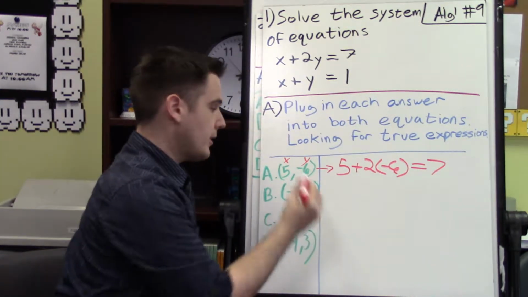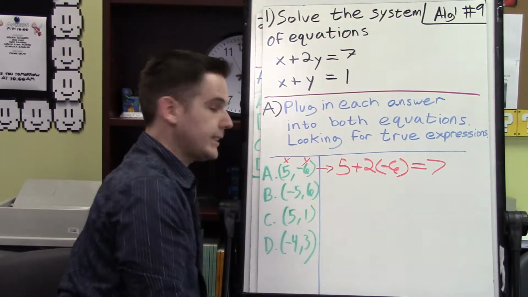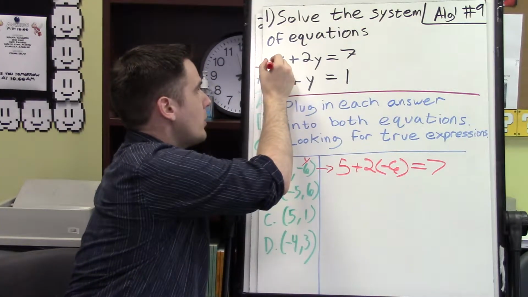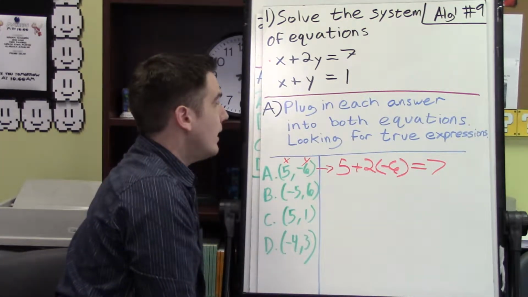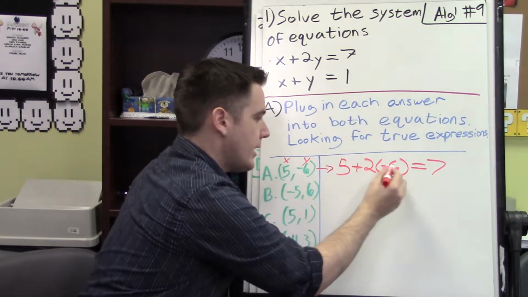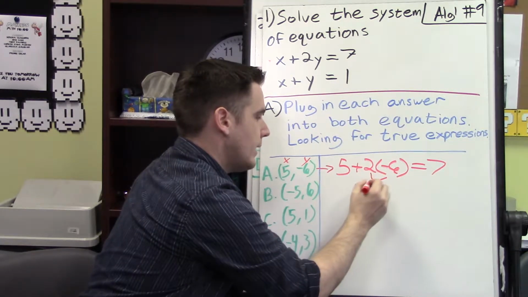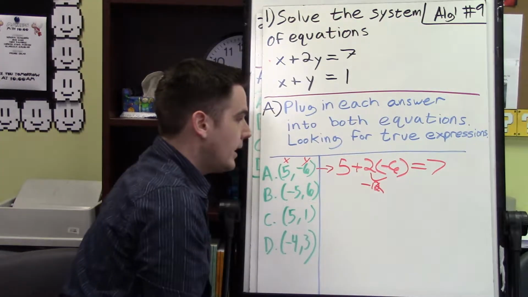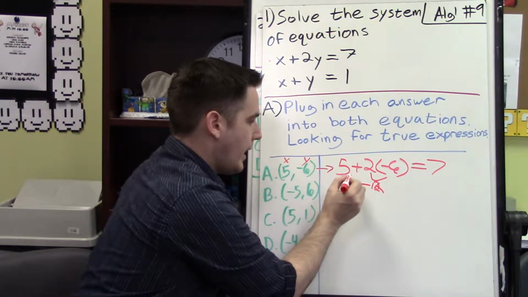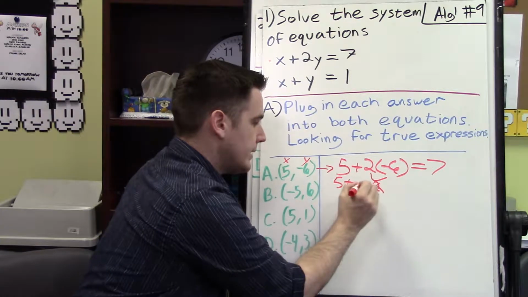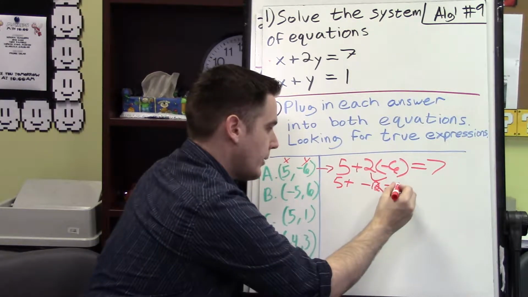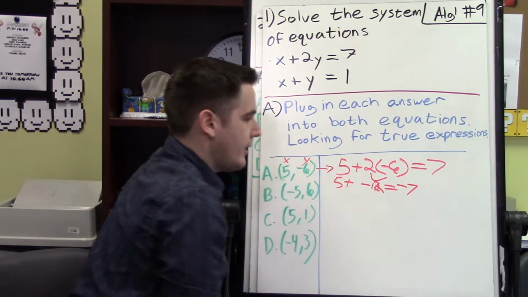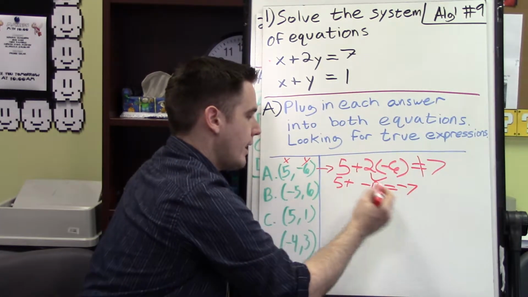Does it equal 7 or not? 2 times negative 6 is negative 12. Then 5 plus negative 12 is going to equal negative 7, which is not 7.